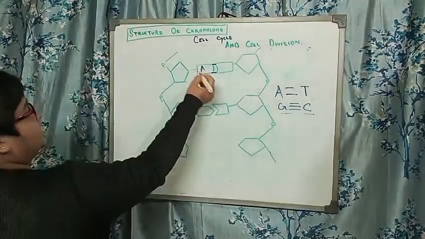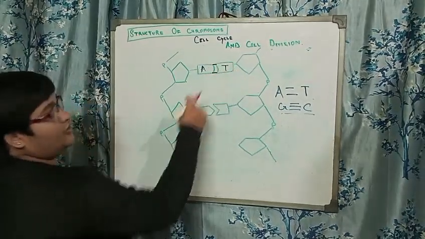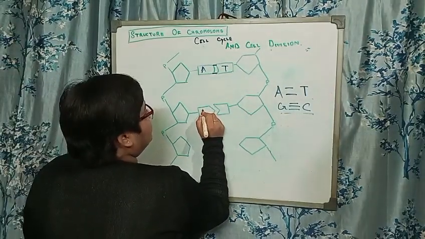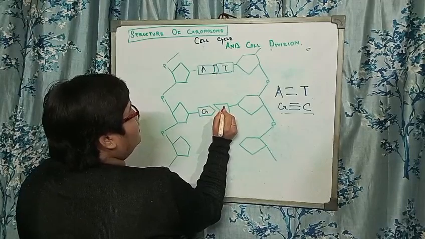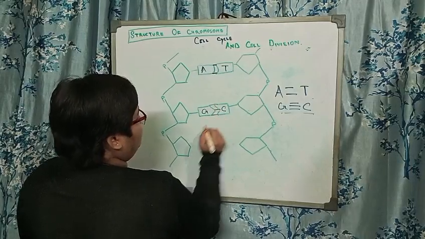So as it's A, it will pair up with T and 2 hydrogen bonds will be formed in between. Let us consider this is G, so this will be C and there will be 3 hydrogen bonds.